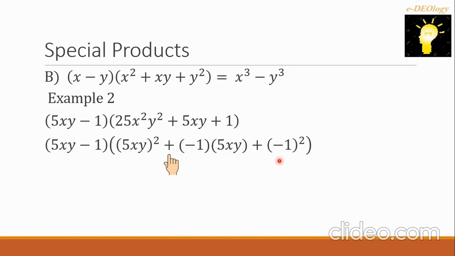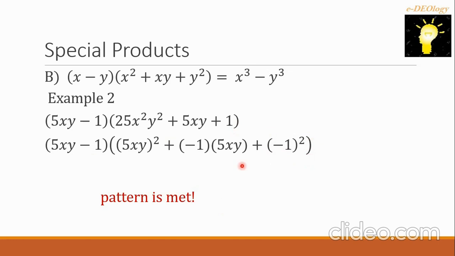Let's see the third criterion. We should show that this 1 here is the square of the negative 1. So if this negative 1 is squared, it will go to positive. So again, the third criterion is checked. It means to say the pattern is met.